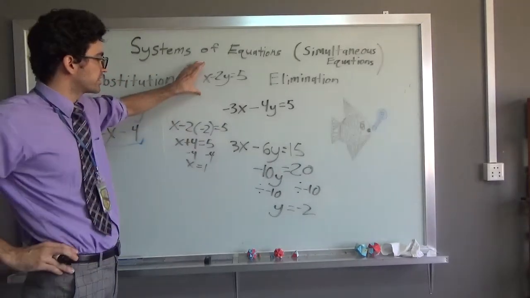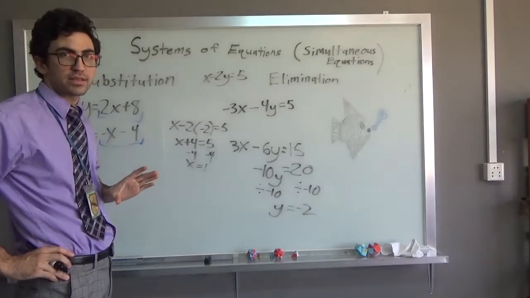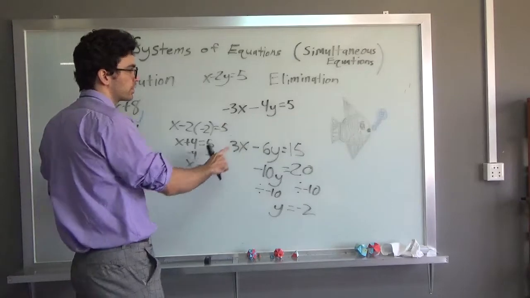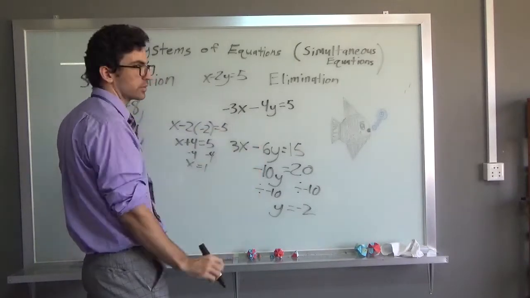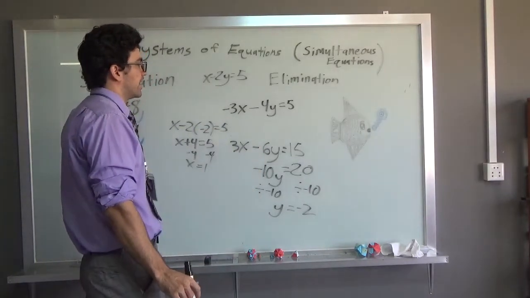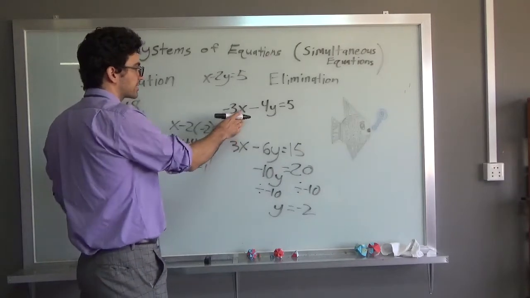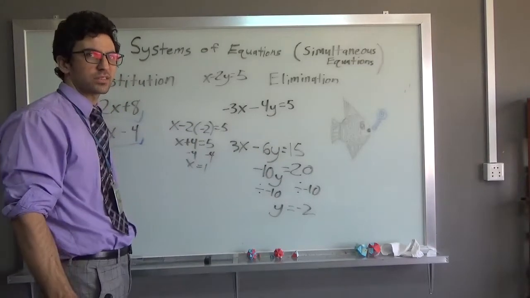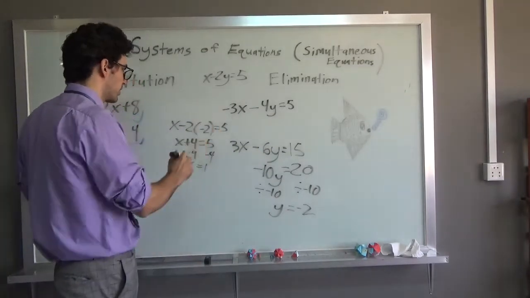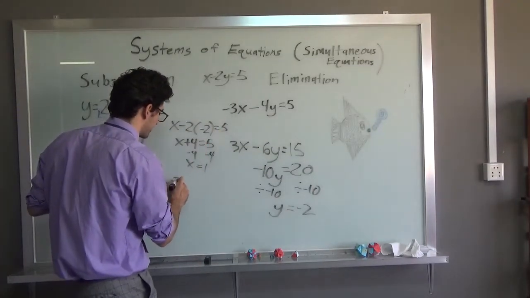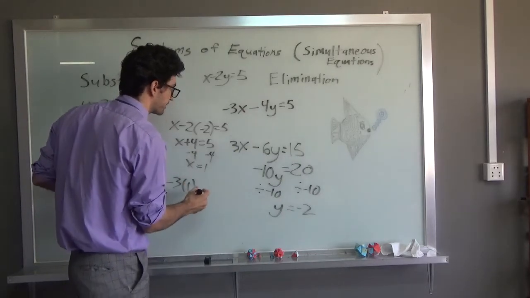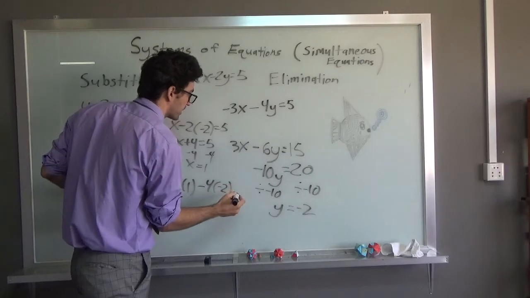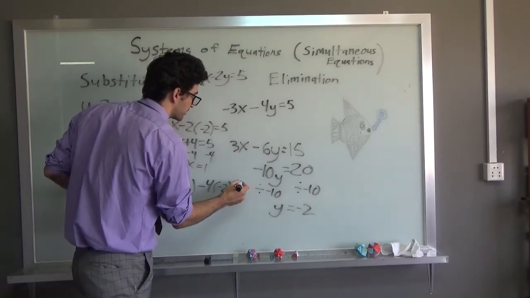Now let's double check this. We know it works here, but let's double check these numbers to make sure that we have the right answers. So we will go to the other equation, the one that we did not use, and we will plug in 1 for x, -2 for y, and let's see if it works for this one. So we have -3 times 1 minus 4 times -2 equals 5.